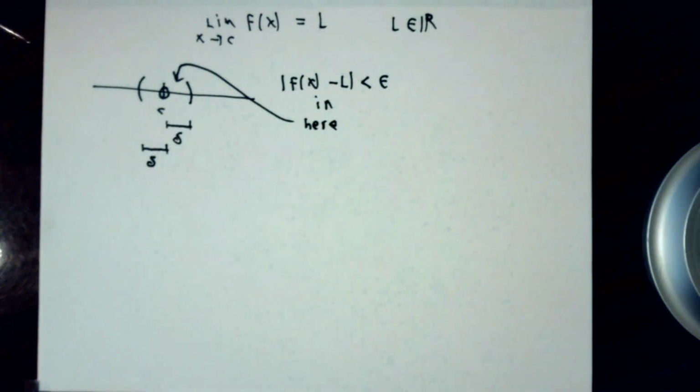I'm going to call the horizontal distance from x equals c to the end of my interval, either on the right or on the left, by the letter delta.